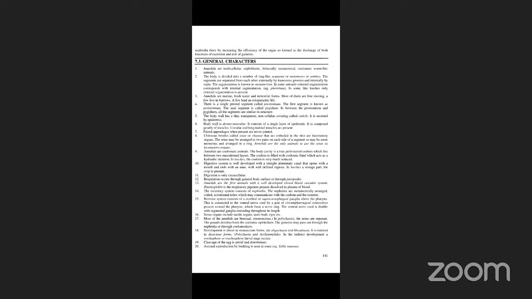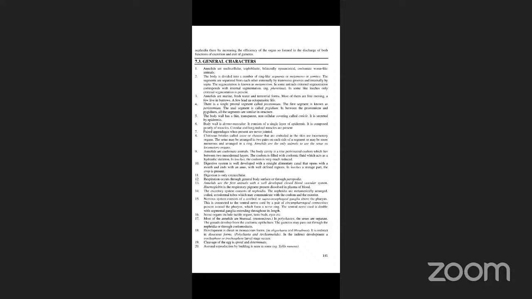They are the first animals to have a well-developed closed blood vascular system. And hemoglobin is present, which is the respiratory pigment in the blood. Then the excretory system is through nephridia, and the nephridia are coil-like structures.